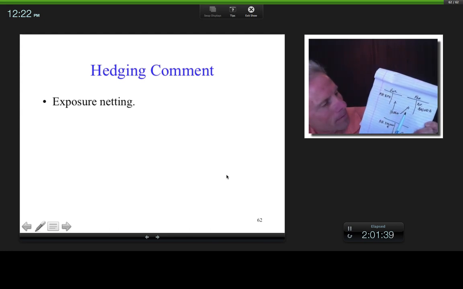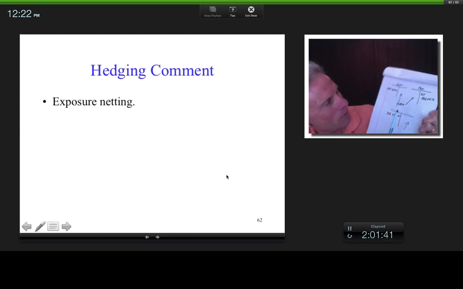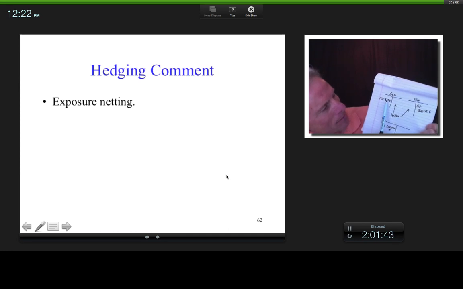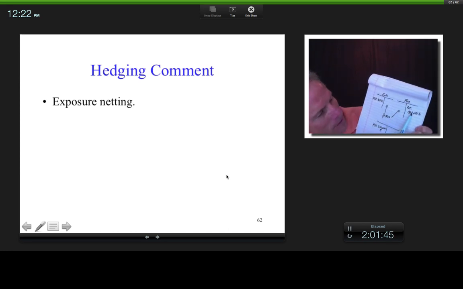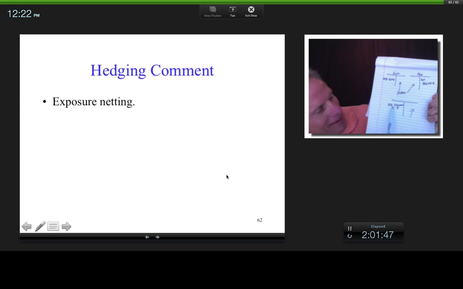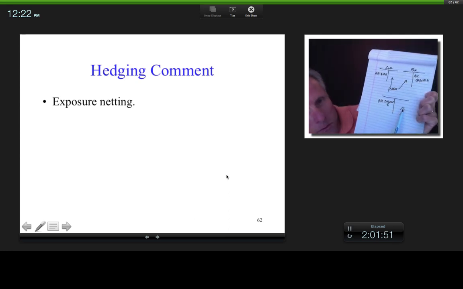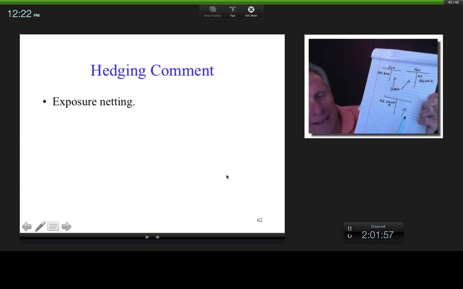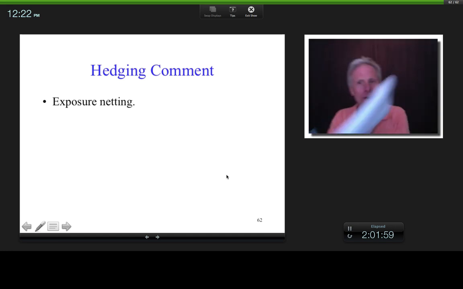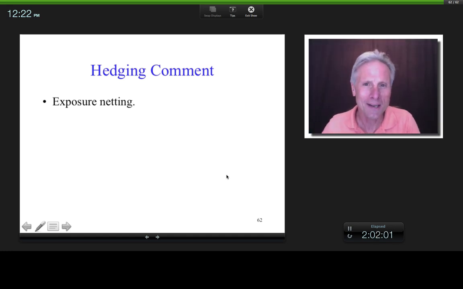Why not? But could I also net these out, where this offsets that and I'm left with a net of €200,000 and then just have a hedge on this side for €200,000? I could, right? And that would be something called exposure netting. And what's an advantage of exposure netting?